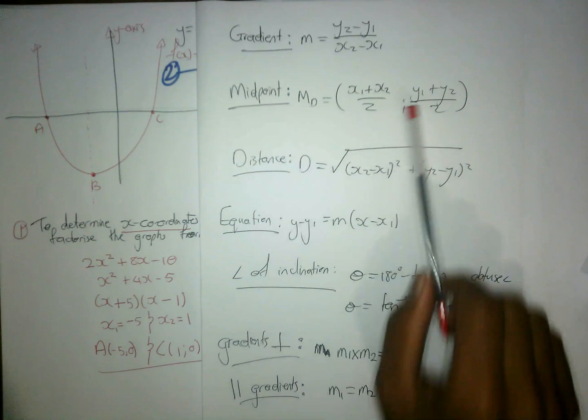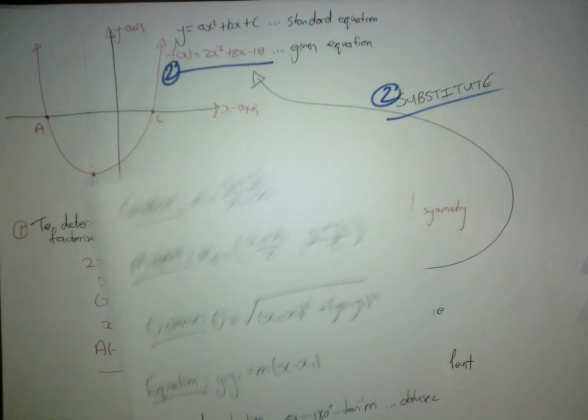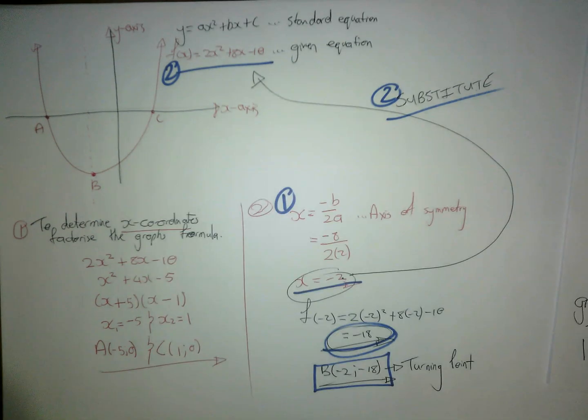Midpoint is that one. Distance is this one. Equation is this one. Inclination is this one and that one. The gradients are very important, because you use gradient a lot to solve the equations. Know which gradient they're talking about, but they can be really good marks for you. They rarely ask you anything crazy. It's either the wording, but they generally ask the same things. They can't ask you anything extra or fancy.